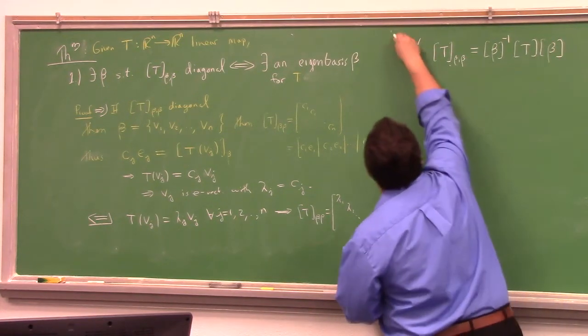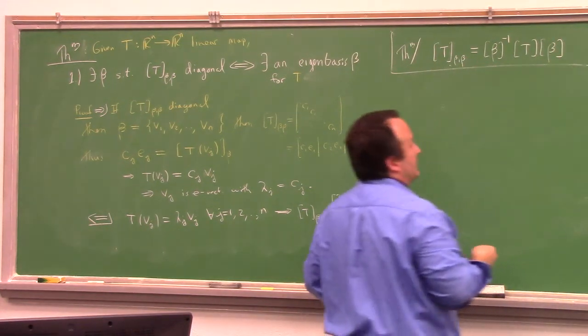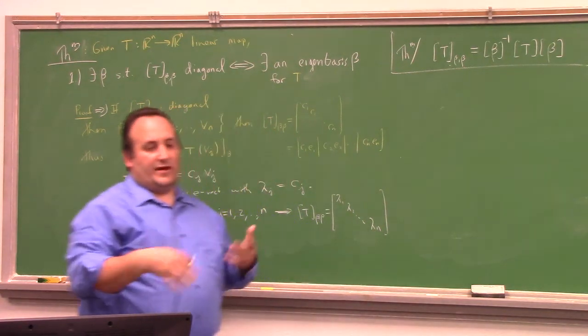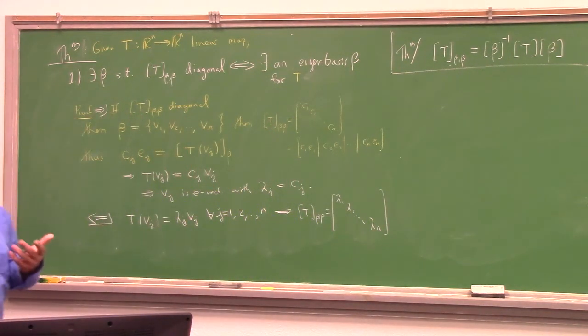Again, this is how coordinate change works for a non-standard basis. If we have a non-standard basis for a linear transformation on Rn, then the matrix is a similarity transformation of the standard matrix.